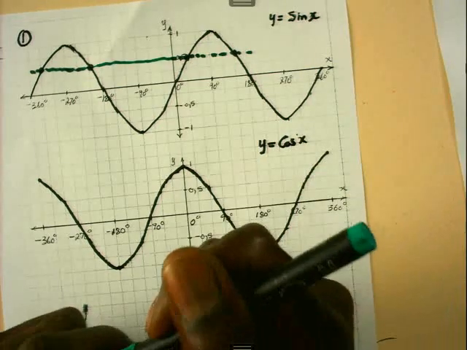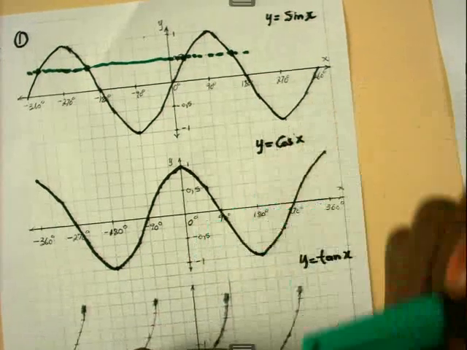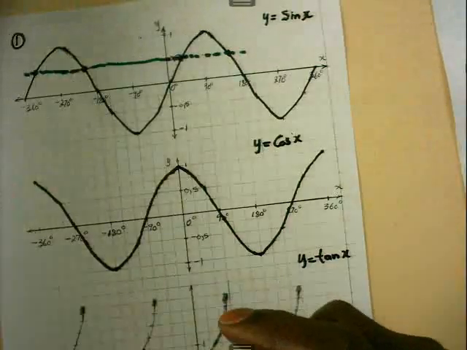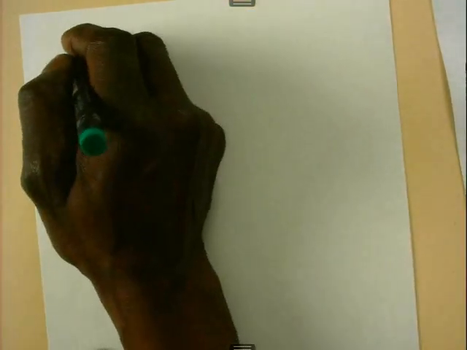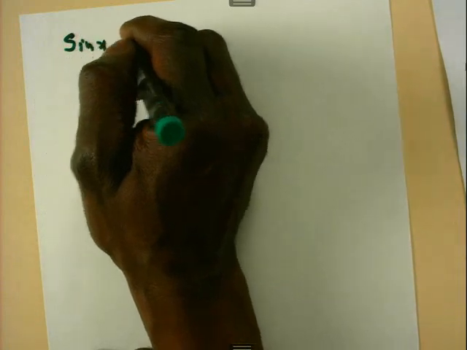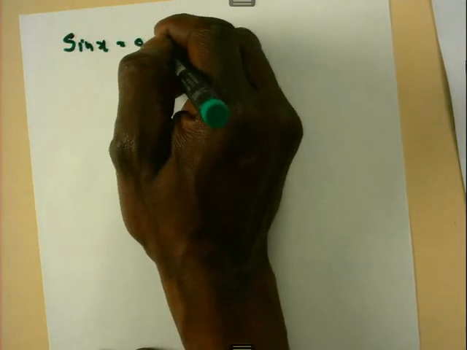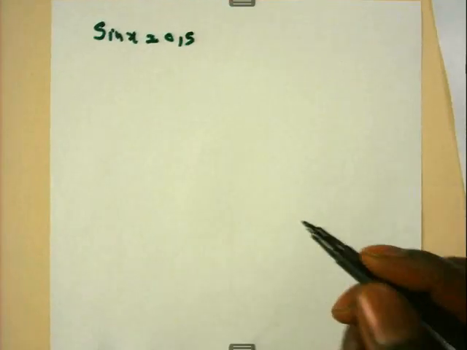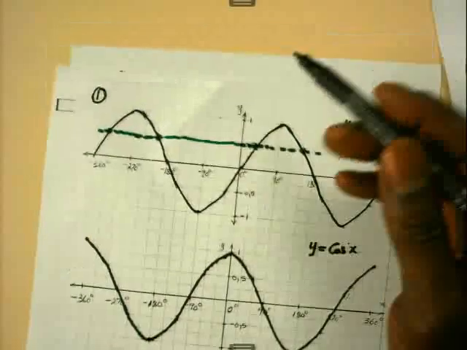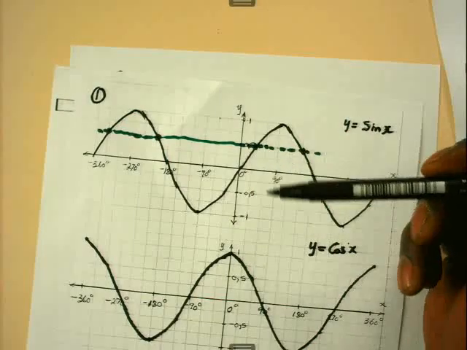Now, how do we get the general solution for the problem sine x is equal to 0,5? We are going to write it sine x is equal to 0,5. And if we look at our graph here, we can estimate the solutions for that.